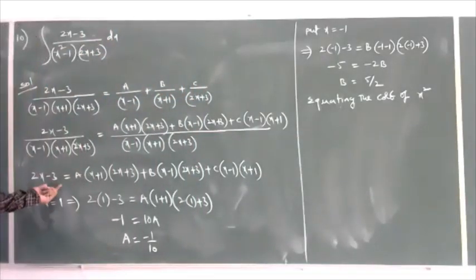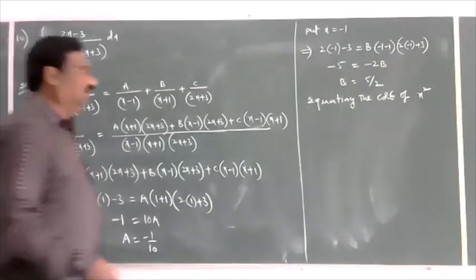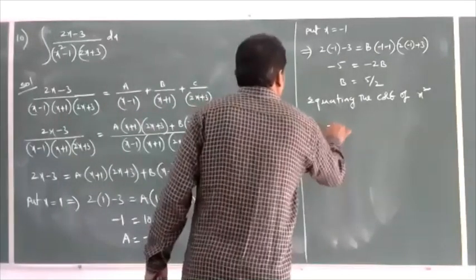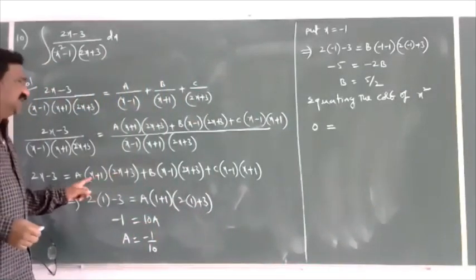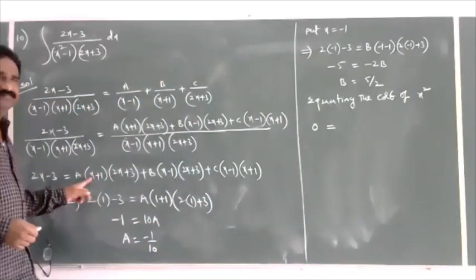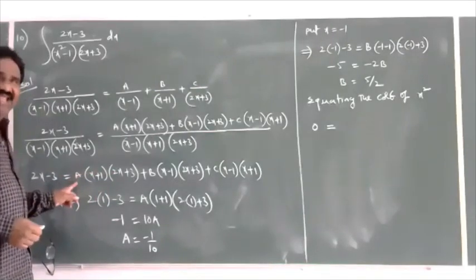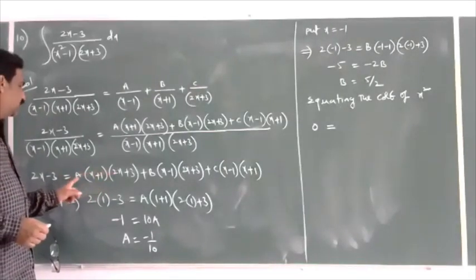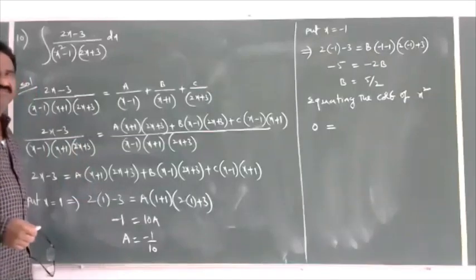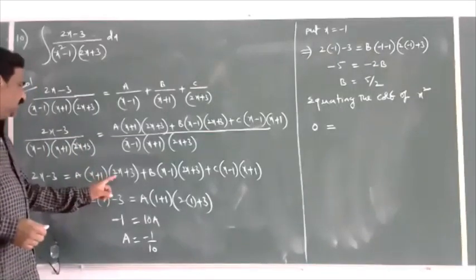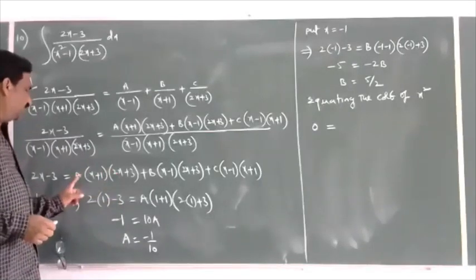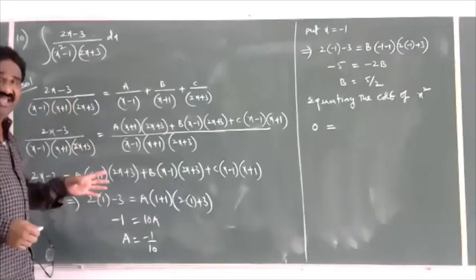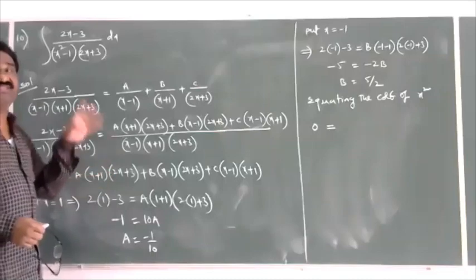On the LH side, there is no x square term. That's why 0 is equal to, on the RH side, you see here, 2x into x, 2x square, 2x square into a, that is the x square coefficient is 2a.